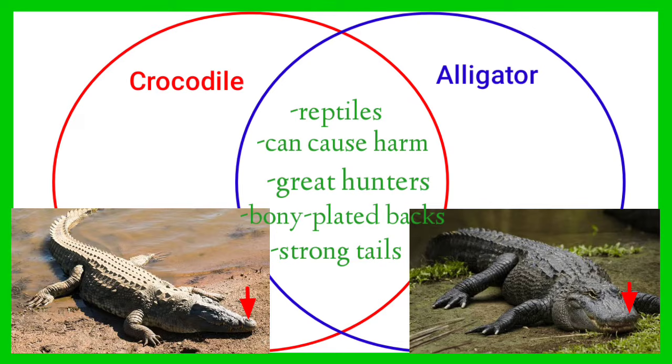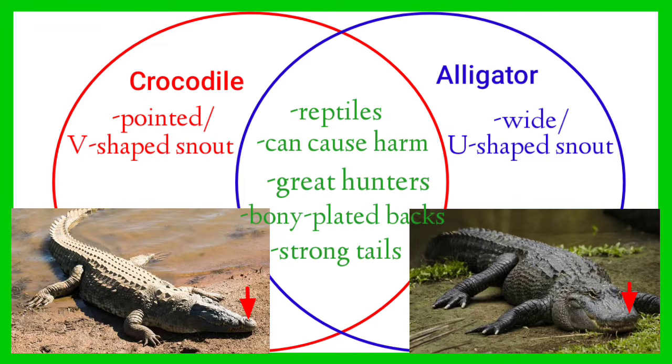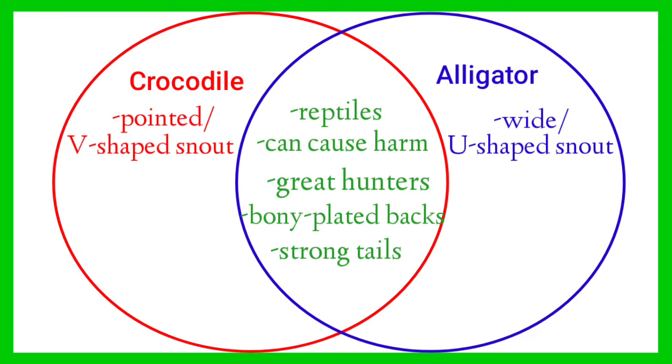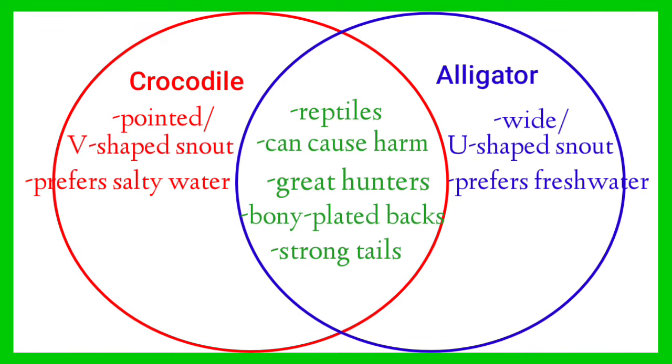A crocodile has a pointed or V-shaped snout, while an alligator has a wide or U-shaped snout. How about their habitats or the places where they live? A crocodile prefers salty water more, while an alligator prefers a freshwater habitat. Next are the teeth.